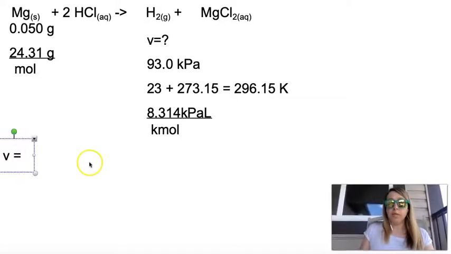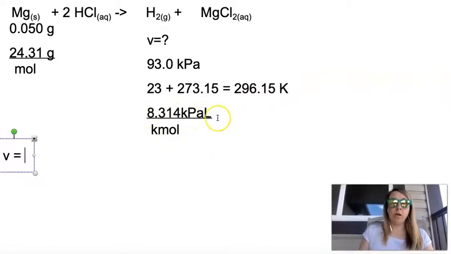So to do this, same steps as always, but you are going to find there's going to be more things going into your unit analysis. So we are looking to solve for volume of hydrogen. Volume has units of liters, right? So kPa, no. Kelvin, no. Oh, liters. There we go. So we are going to start with the universal gas constant.